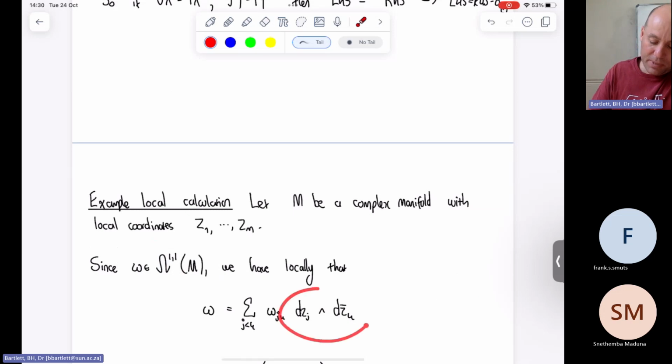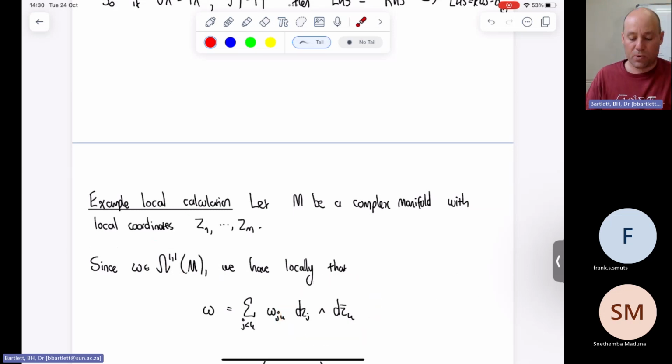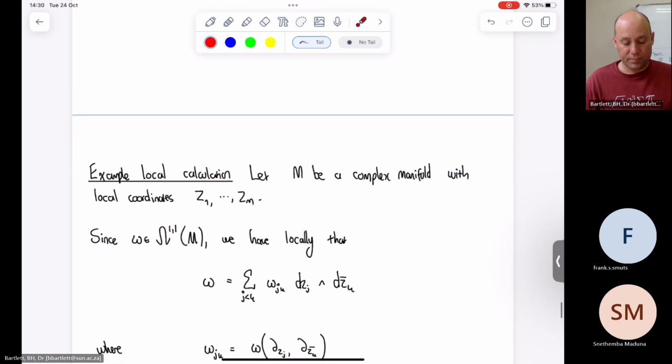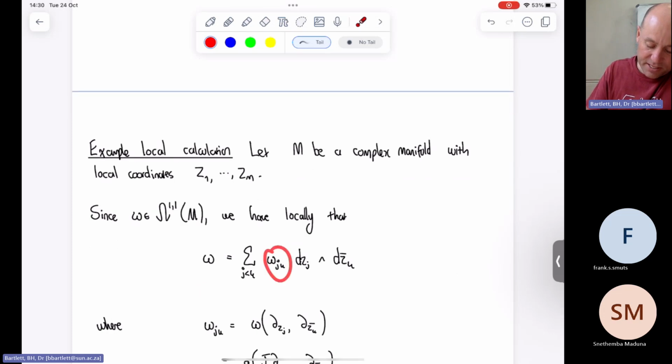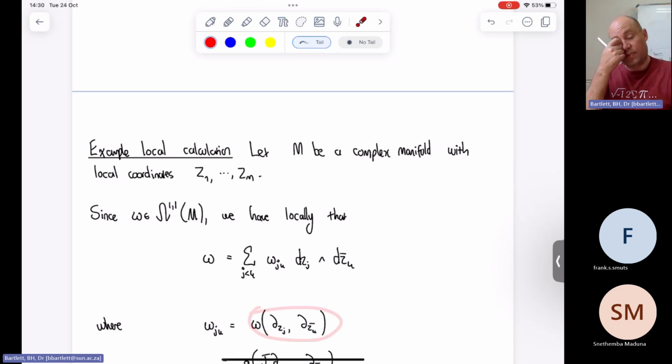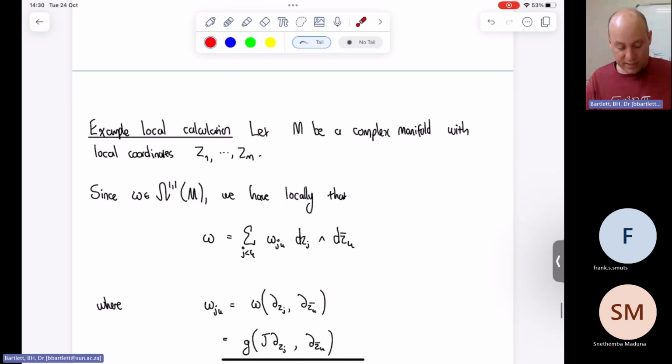But when you've got a mixed wedge like this, then you're a (1,1) form. So we know we can always write any (1,1) form like this. And in fact, these coefficients can be calculated by taking our (1,1) form and applying it to these vectors here in the complexified tangent space.